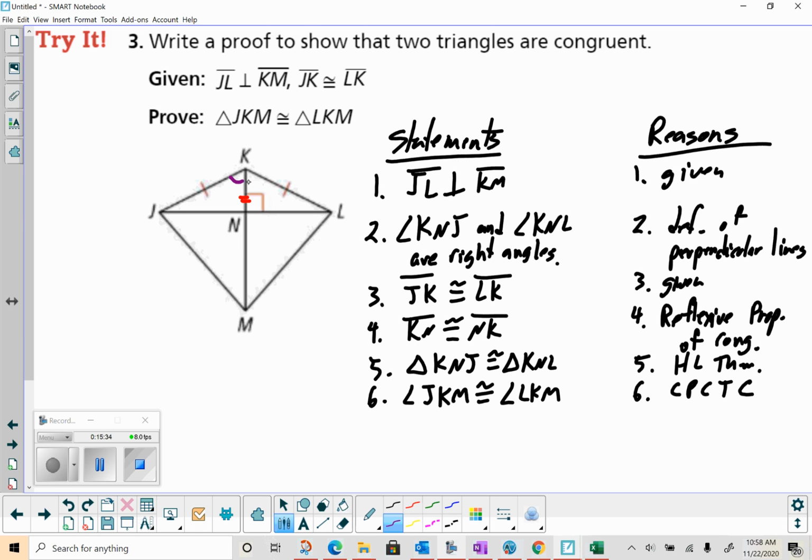So I can say that this angle here is congruent to that angle there. And again, those are angles of those big triangles left and right.